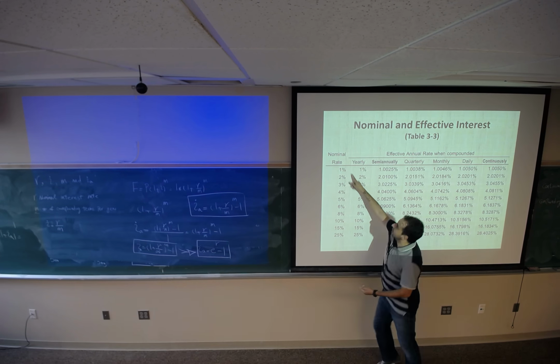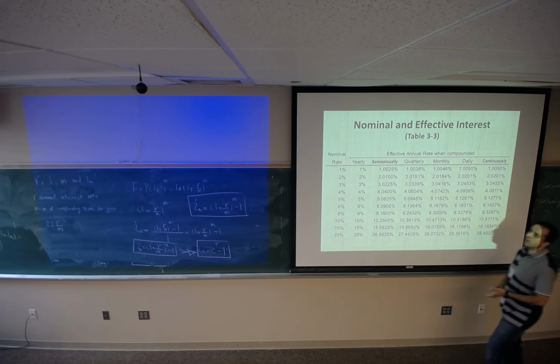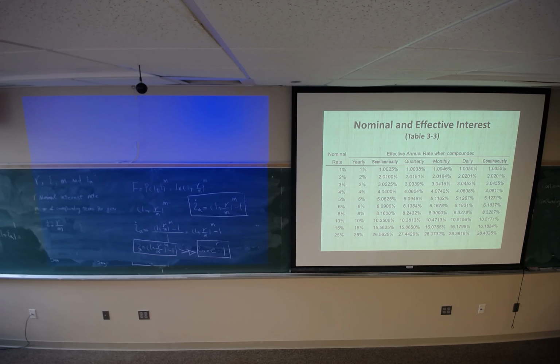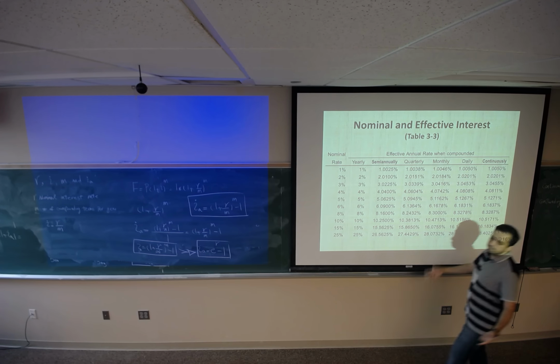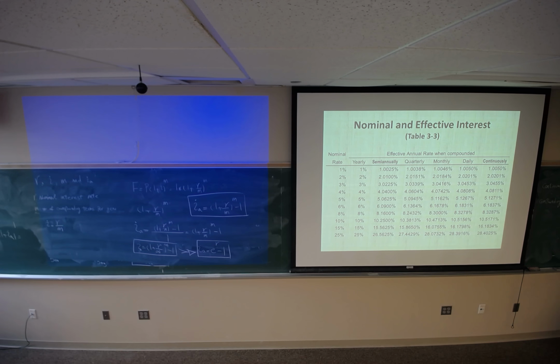And in this table, just look at the first column. I have a nominal interest rate. The bank says the interest rate is 1%, 2%, 6%, 8%. If they compound yearly, these two columns would be the same. There is no difference between the effective and nominal.